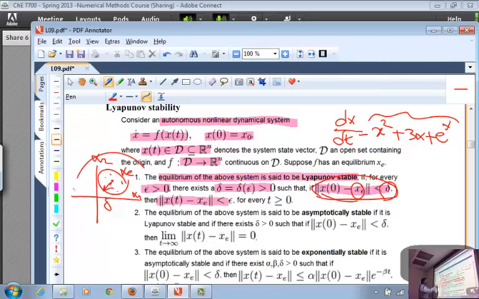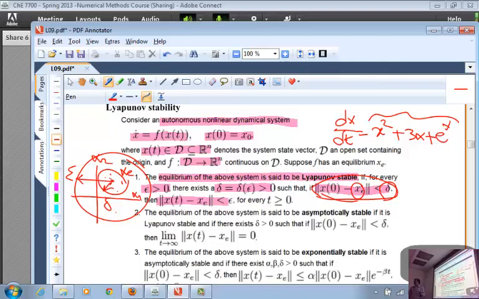That circle may be bigger than this, with a radius of epsilon. And it says the trajectory x of t minus xe, that is how far that particular point is from the equilibrium point, will always be less than epsilon. I can find an epsilon so that it will always remain inside that.